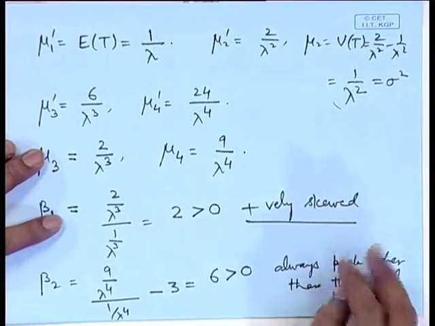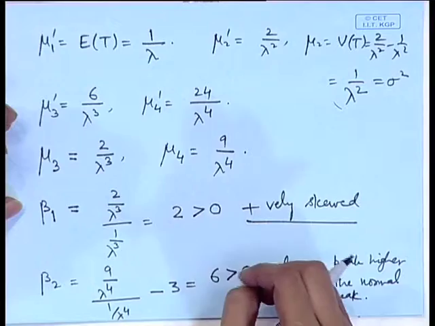Now, here you observe this is slightly different from the earlier distributions. In binomial distribution, in Poisson distribution, in geometric distribution, etc., the condition for the skewness and the kurtosis was dependent upon the parameter. Like in the binomial distribution, if p was half, the distribution was symmetric. If p is less than half, it was positively skewed. If p was greater than half, it was negatively skewed. And similarly, if pq was less than 1 by 6, it was leptokurtic.